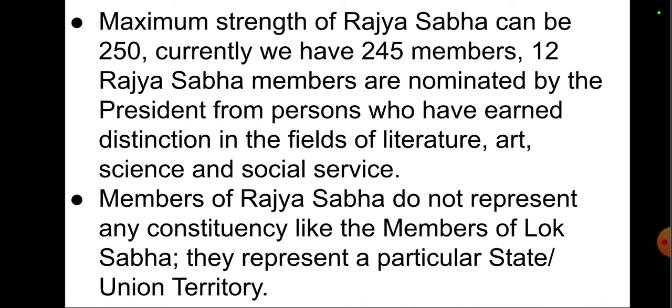There are 6 Rajya Sabha seats in Jharkhand, so the members of the Legislative Assembly will vote and indirectly elect the members of the Rajya Sabha from Jharkhand. These 6 people will represent the state of Jharkhand. If they are from a union territory, they will represent that union territory. They don't represent an electoral constituency. This is a very important fact, so keep it in mind.